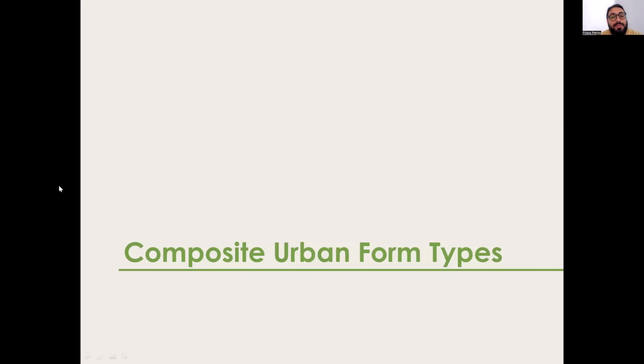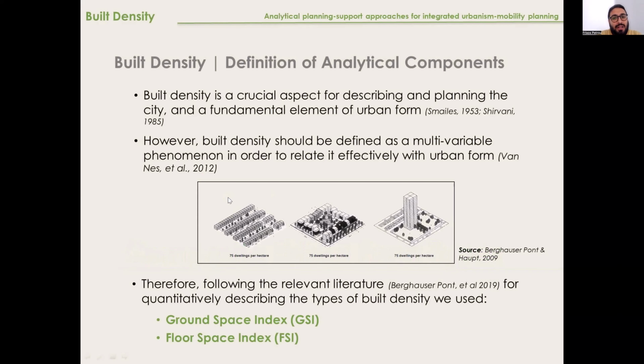Great. So the main tool, the main framework that we will use for analyzing the study area and also proposing specific interventions would be the composite urban form types that I introduced at the beginning. So let's talk a bit about the analytical components of the different aspects of urban form.